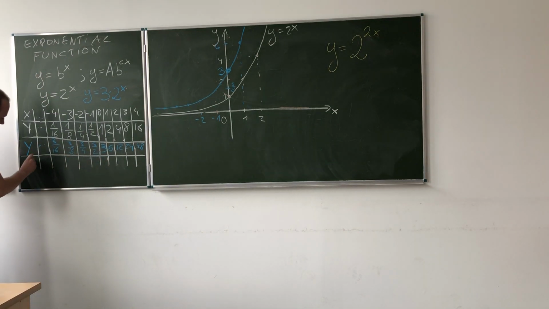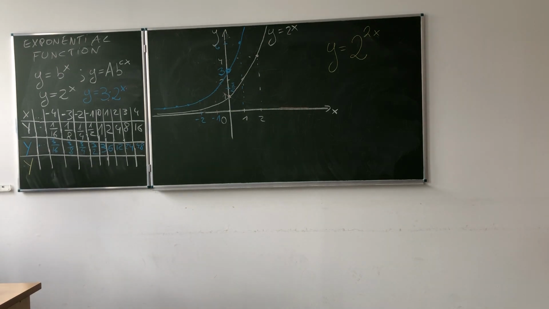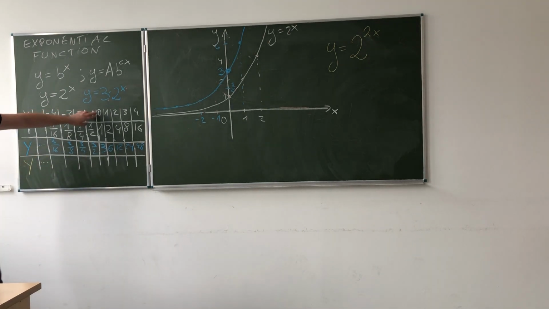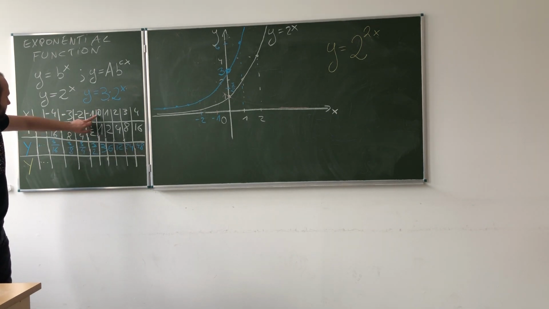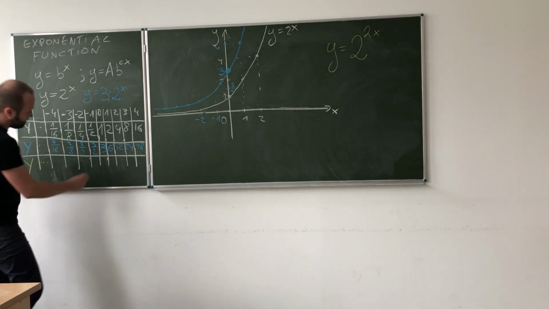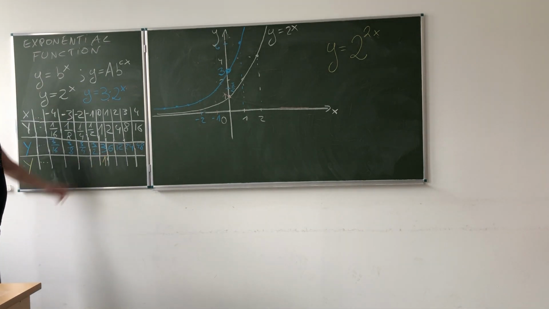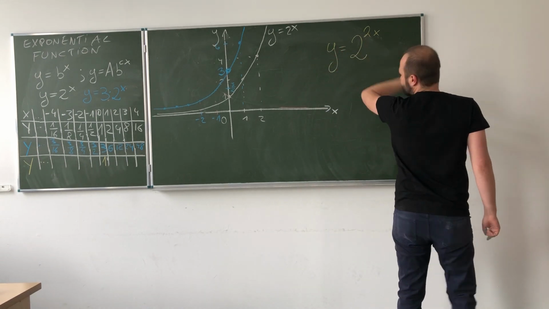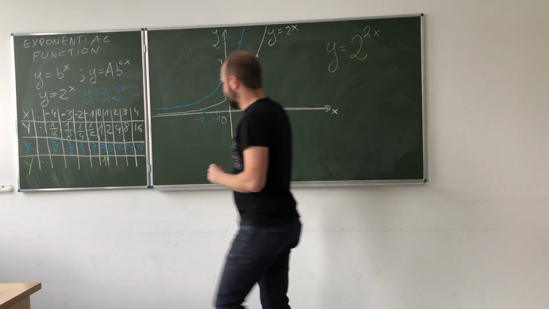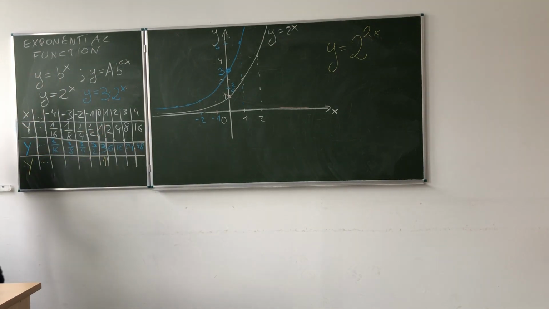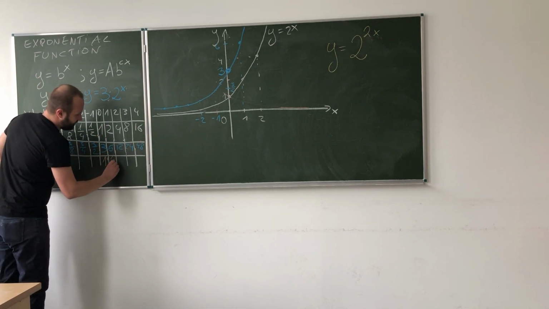Okay, so now we have the new y, and let's start over here. When x is 0, we still have 2 to the power of 0, which is still 1. But when x is 1, the exponent is 2, so we are taking 2 to the power of 2, which gives us 4.